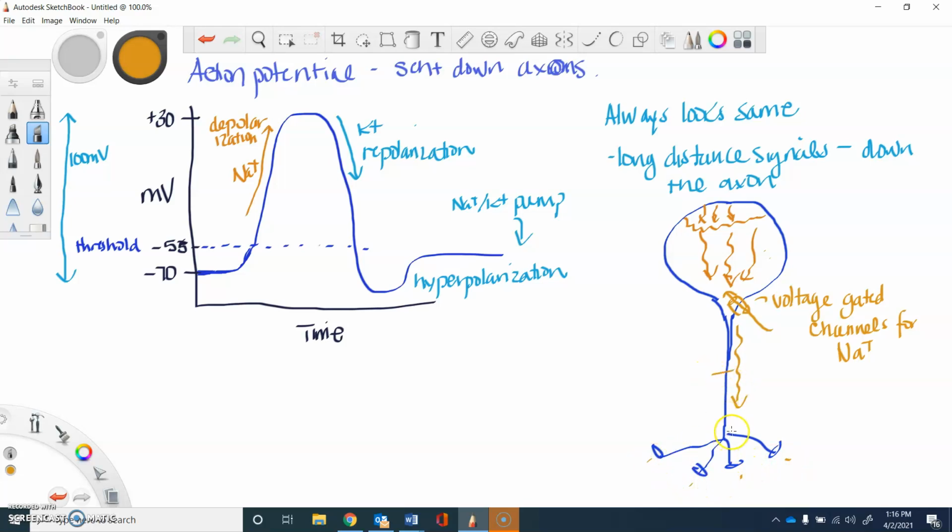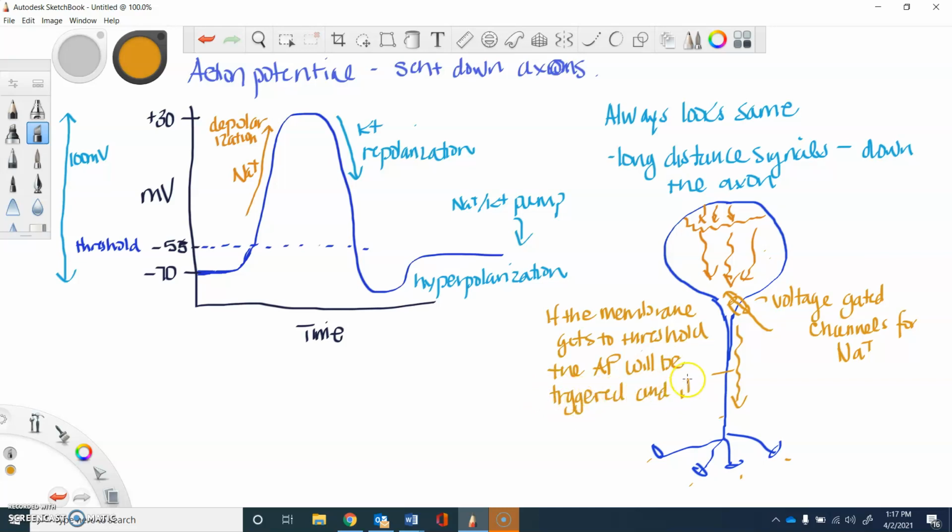It does not stop. It does not dissipate. Okay? If it gets to threshold, it's going to go. So if the membrane gets to threshold, the action potential will be triggered.